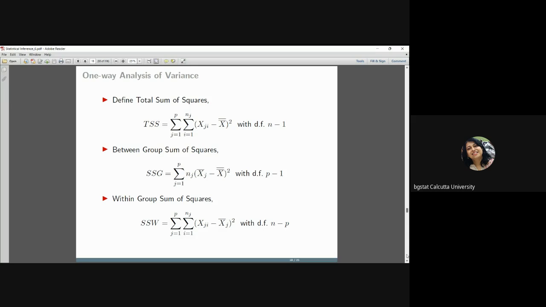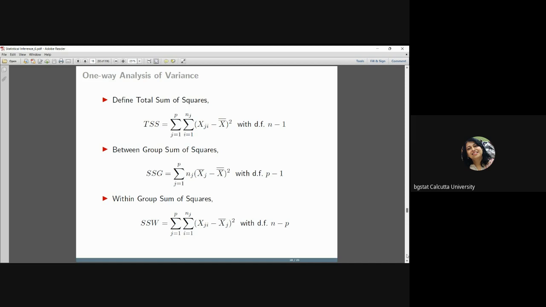So I pool the entire data from all 28 states treated as one sample, and I find the sum of squared deviations from the mean. This I refer to as the total sum of squares, and you can see that there is another quantity mentioned alongside. It's the degrees of freedom. This total sum of squares has degrees of freedom equal to the sample size minus 1.